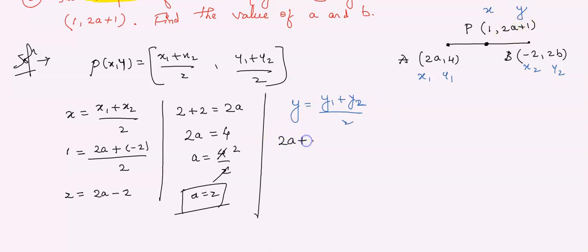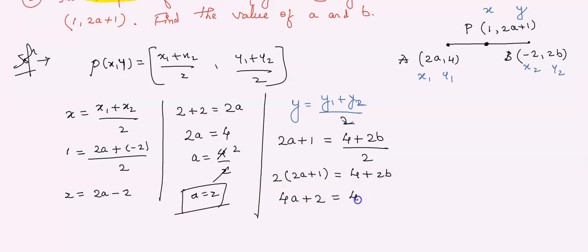Substitute: 2a plus 1 is equals to y1, which is 4, plus y2, which is 2b, by 2. Now cross multiply. It becomes 2 into 2a plus 1 is equals to 4 plus 2b. 2 2s are 4a plus 2 1s are 2 is equals to 4 plus 2b.